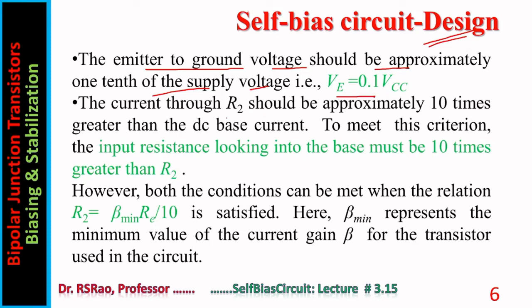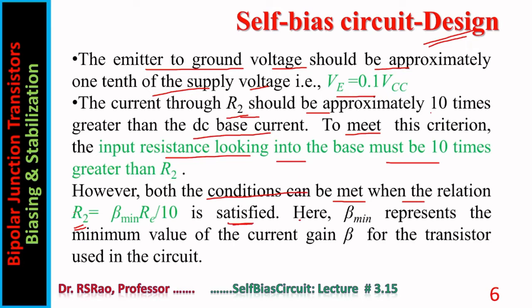The current through R2 should be approximately 10 times greater than the DC base current. To meet this criterion, the input resistance looking into the base must be 10 times greater than R2. However, both the conditions can be met when the relation R2 equals beta minimum RE by 10 is satisfied.